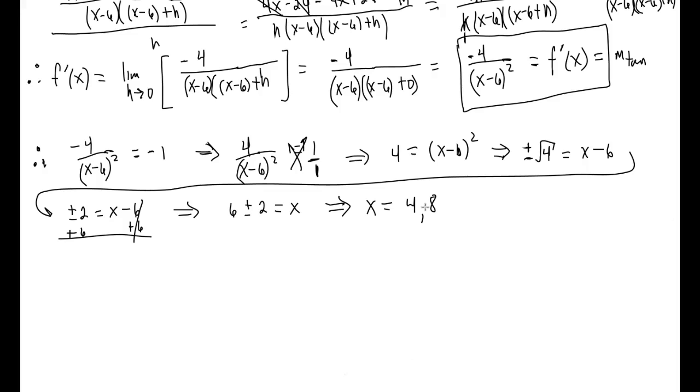So remember, the original thing that we were trying to do is find the equations of the tangent lines. Now that we have the corresponding x values for those points, we can figure out what the corresponding y values are. So from here, we know that our original function again was this. This implies that f of 4 is going to be 4 divided by 4 minus 6, which gives us 4 divided by negative 2, which is negative 2.